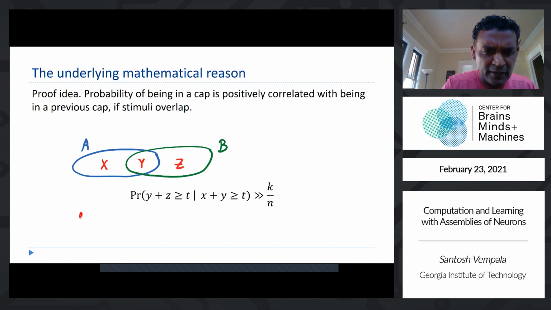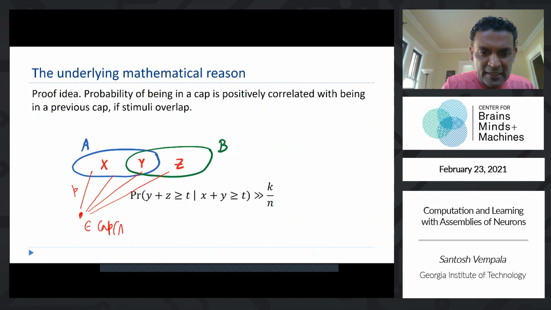So if there's some neuron here, it's getting input from everything, some random sub-input. Remember, every edge has probability p. And I've broken up the input into the x part, the y part, and the z part. And the fact that this neuron made it to the cap for A means that x plus y is bigger than t. It made it above some threshold.